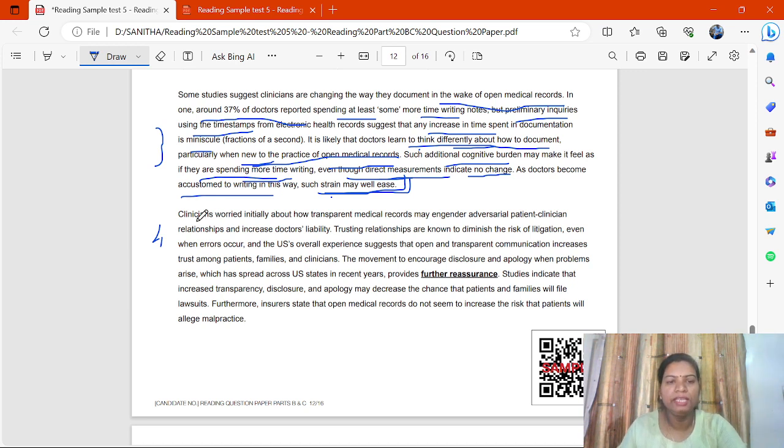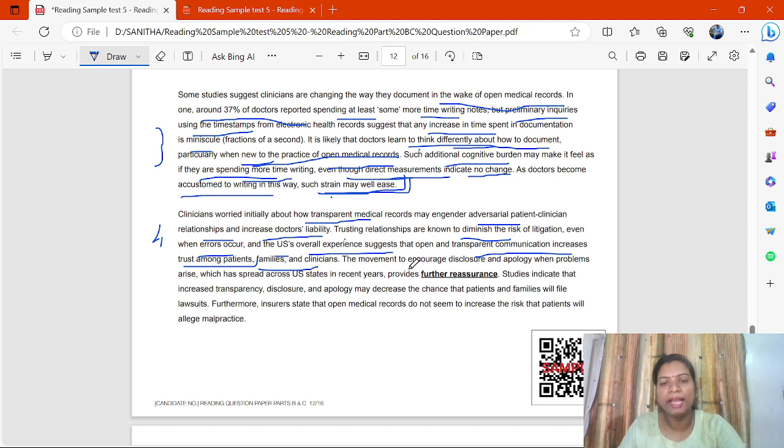Clinicians worried initially about how transparent medical records may engender adverse patient-clinician relationships and increase doctors' liability. Trusted relationships are likely to diminish the risk of litigation even when errors occur, and the US overall experience suggests that open and transparent communication increases trust among patients, families, and clinicians.